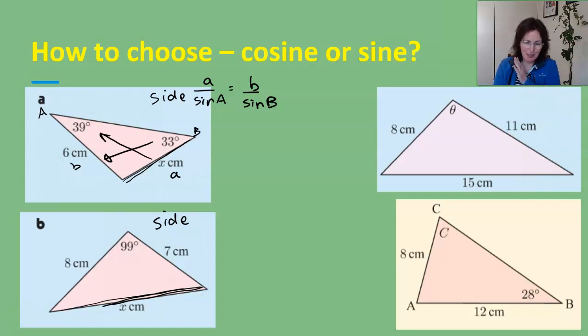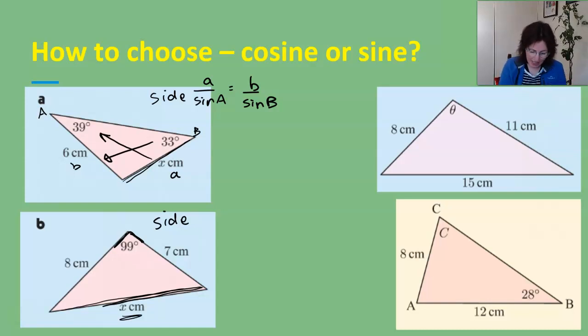Then the next one's going to be cos. And let's see why. We've got our x here, but what else have we got? We've got the 99, and that is an included angle between those other two sides. So this is the cosine rule, solving for a side. And this is quite a long one to write out.